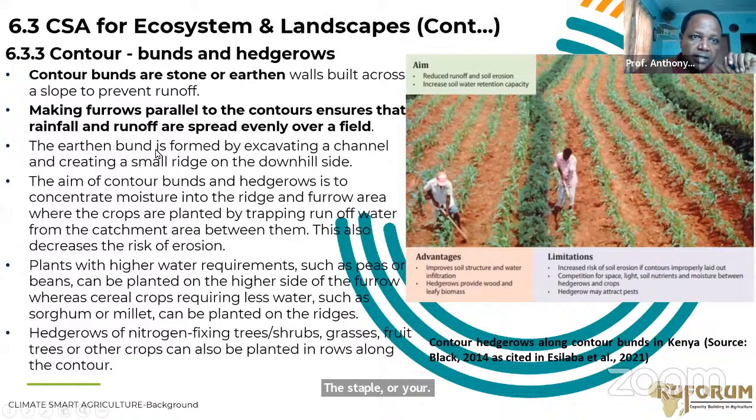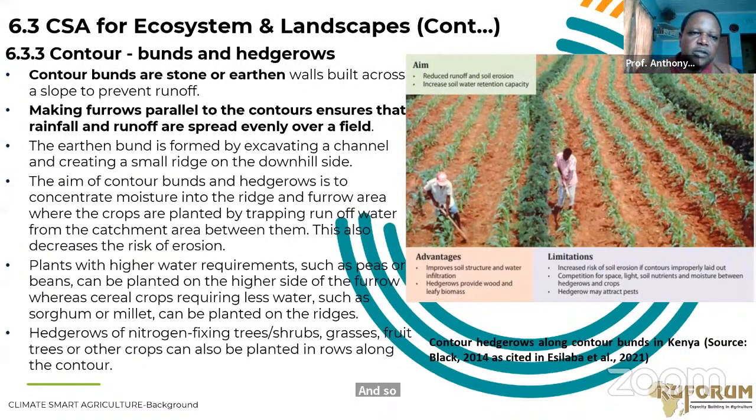You can also have earthen bands by excavating a channel and creating a small ridge on the downhill side. We normally call it fanya juu. You lift the soil upwards, and so you form a band.